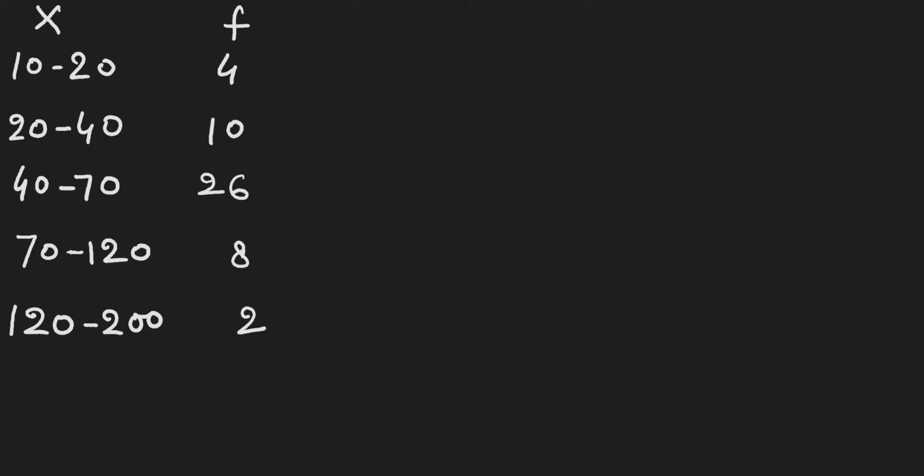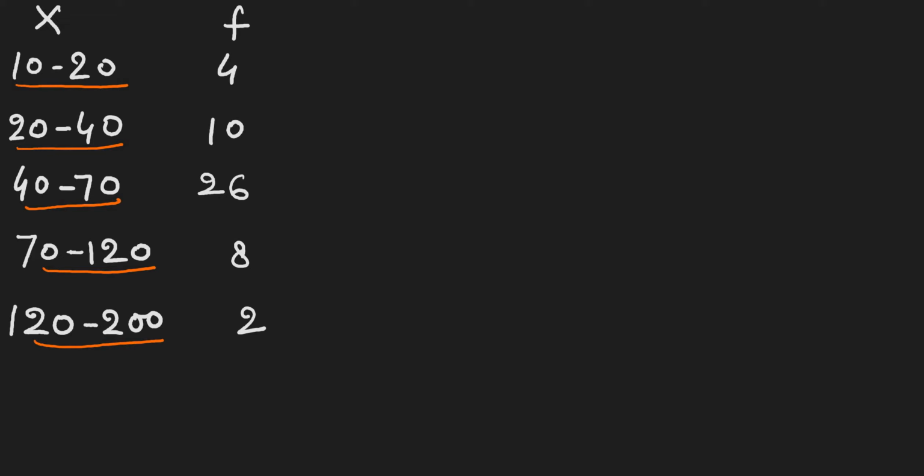Here in this case we can see that it is 10 to 20, which means the class width is 10. Here the gap is of 20, so the class width is 20. Then 40 to 70, there is a gap of 30, meaning class width is 30. Here class width is 50, and in this case the class width is 80.